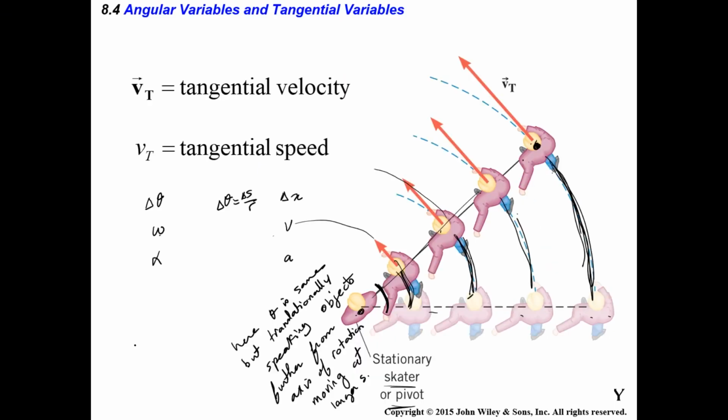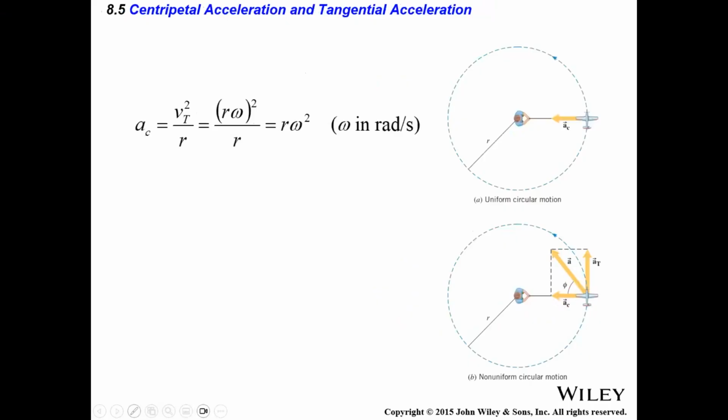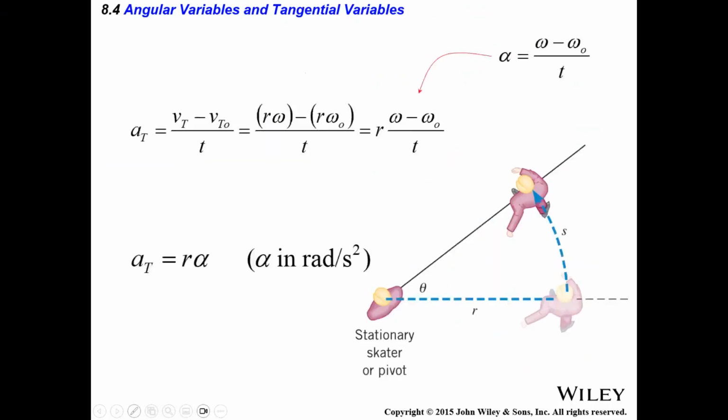And that makes sense because theta is S over R. If I want theta to be the same for all skaters and R is bigger, S will have to be bigger as well. So you can see how if we study the translational aspect of the motion, then we have a different story.